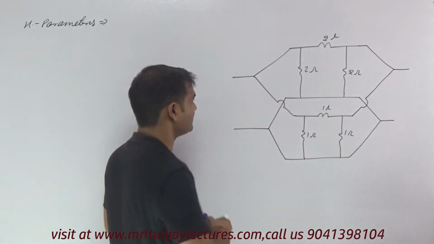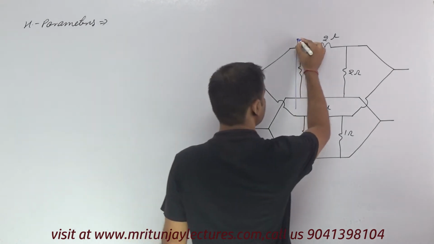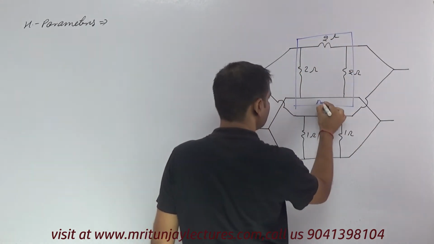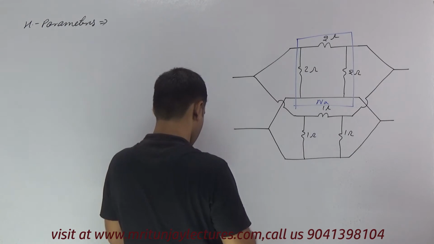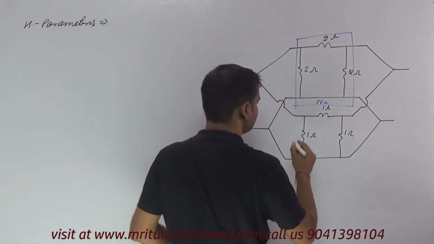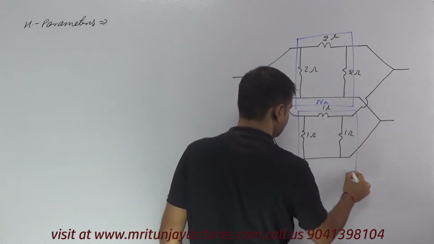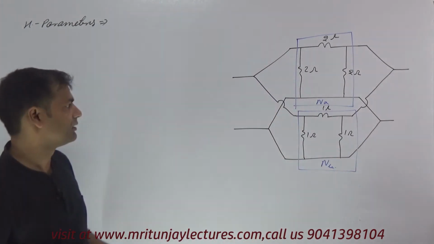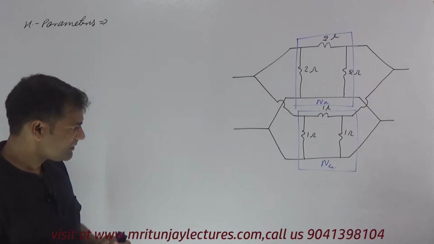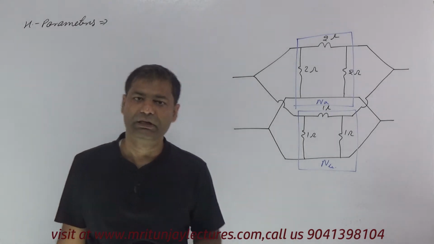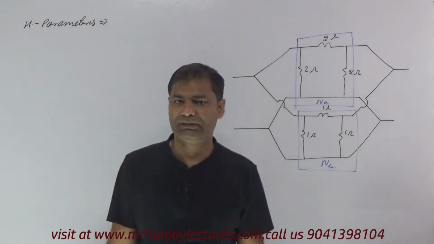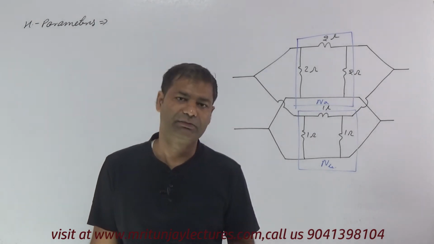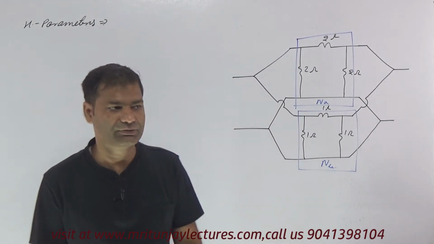This one we have considered as NA, and this network we have considered as NB. Clear? Now I have already discussed the interconnection method, so with the help of the interconnection method we can solve it.